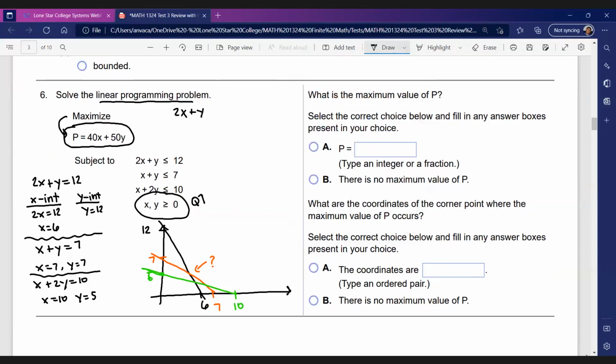2x plus y is equal to 12. And here we have x plus y is equal to 7. So I'm going to try to solve this system real quick so that way I will know when these two lines intersect, which is this point right here. And so let me go ahead and multiply by just -1.